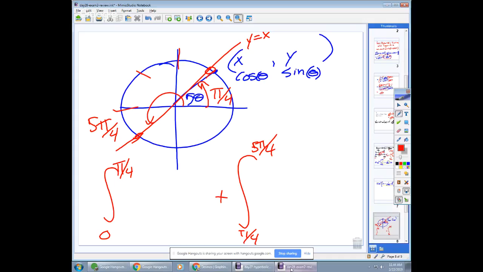So in that first integral, I would want to have the cosine of x minus the sine of x. And guess what we're going to have in the other interval? Flip it. It's just the sine of x minus the cosine of x.